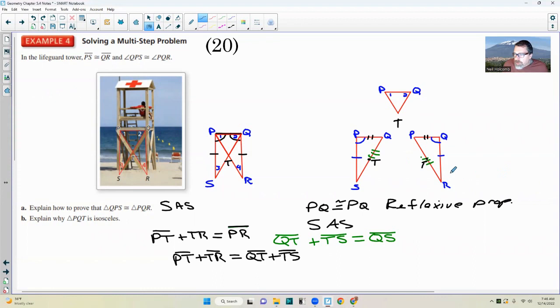All right, so from part A, I know angle 1, which is P, is congruent to angle 2, which is Q. Actually, no, it's not. It's the small one inside. So we were given from the beginning, angle 1 is congruent to angle 2. Okay, so that means that this angle is congruent to this angle here. Therefore, PT is congruent to QT.